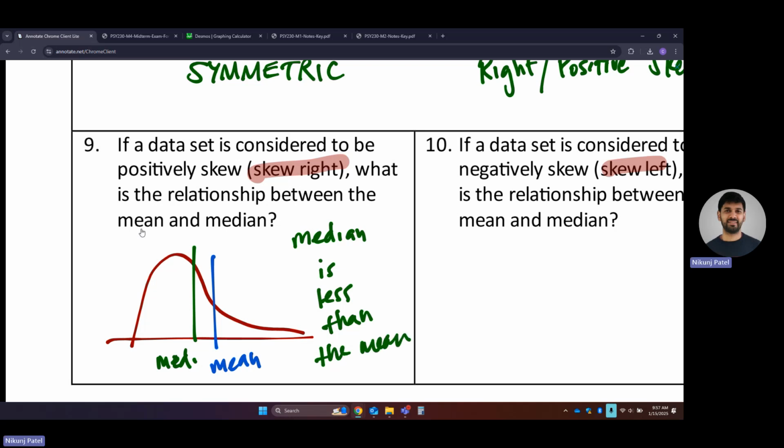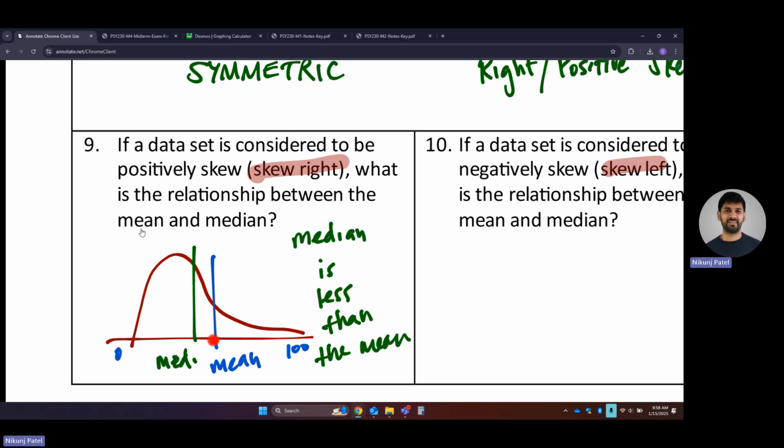And the reason why we say less than is because we're not looking at the height of the graph. We're looking at left to right, which one shows up first and which one shows up second. Right here, the median shows up first, meaning it's less than the mean. The mean is a little bit further past on the number line. So you can think of this beginning as 0 and then over here as 100, for example.